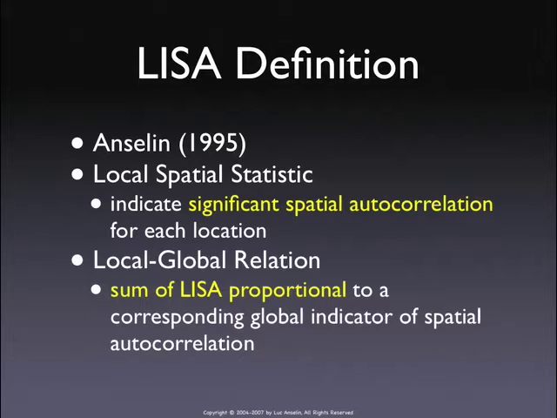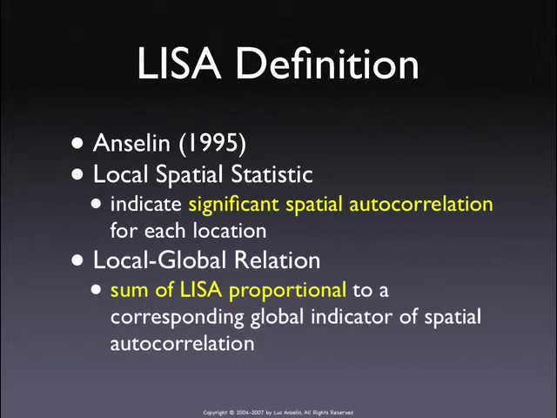The second aspect is a little more subtle, and it's more interesting or more relevant in terms of model diagnostics, and that there is a connection between a global statistic and its local counterpart. And this connection is additive. So the sum of the local statistics is proportional to a global statistic. Sometimes it's equal to the global statistic.